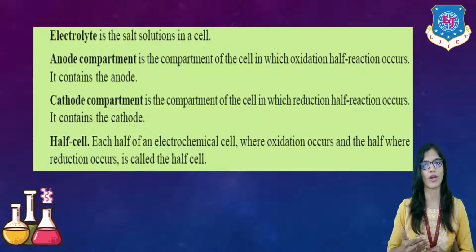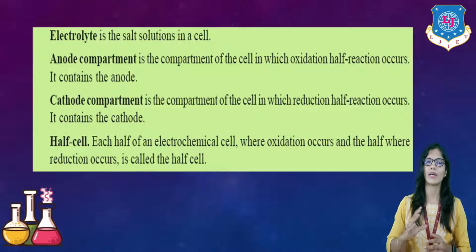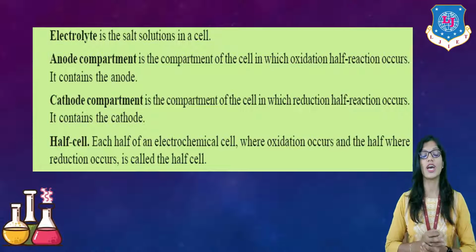So the cathode is in contact with the electrolyte. Our next term is half cell. Each half of an electrochemical cell, where oxidation occurs and where reduction occurs, is called a half cell. Half cell is basically the half part where oxidation occurs, and the other half where reduction occurs. So you need to understand, right? Each of them is known as a half cell.